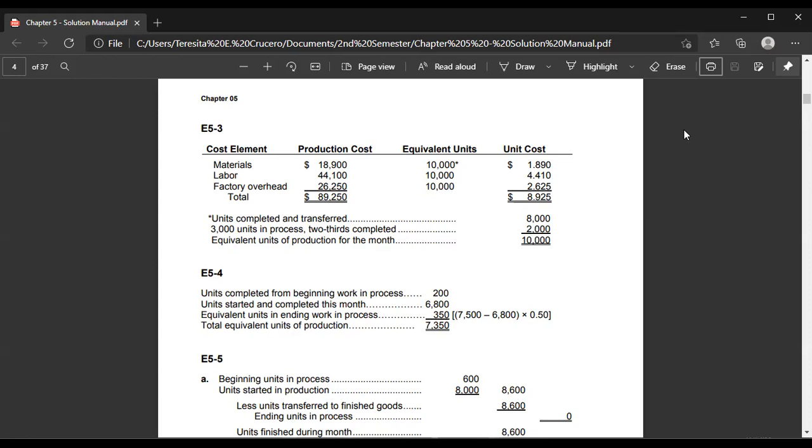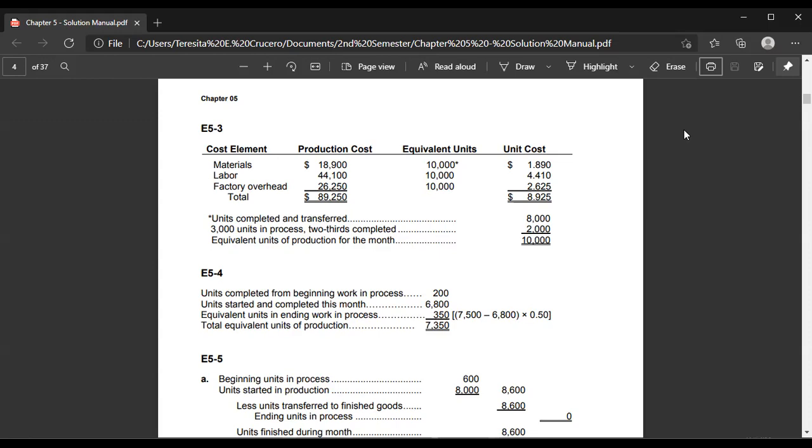So the 700 units, the work done is one half as given in the problem, so your 700 times one half is 350. So we now get the total of 7,350. That's your total equivalent production. Okay? So the equivalent production is 7,350 units.